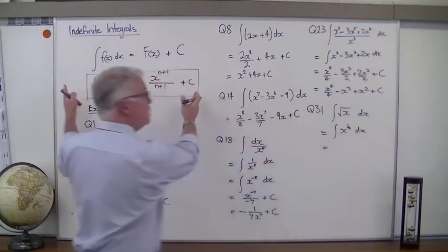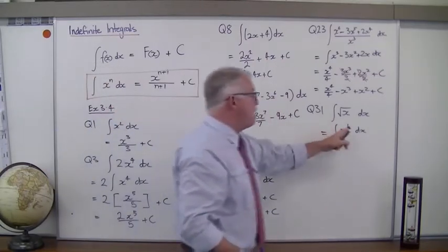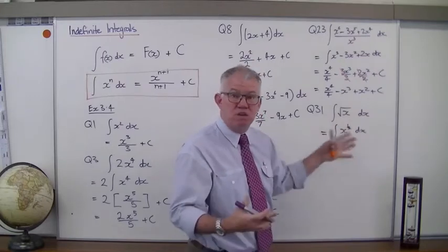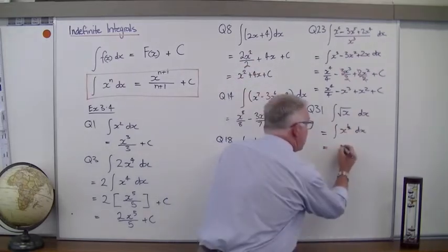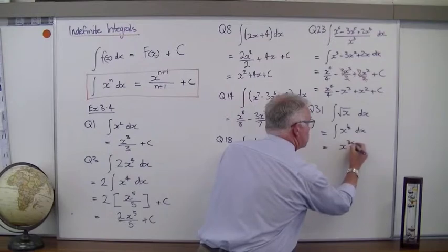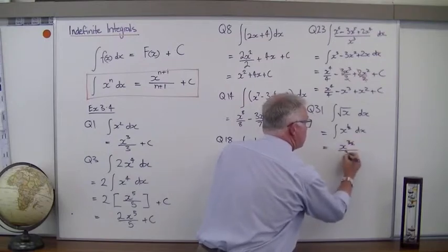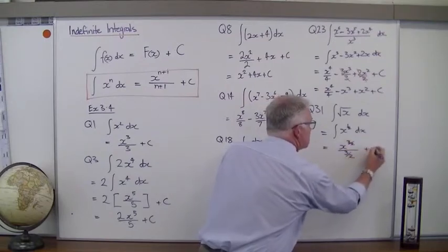We follow the template again. Now, a half plus 1 is going to be 3 on 2. So we'll have x to the power of 3 on 2 all over 3 on 2 plus c.